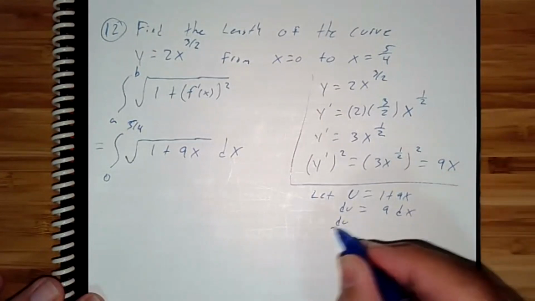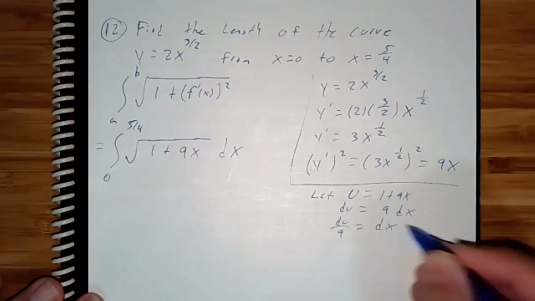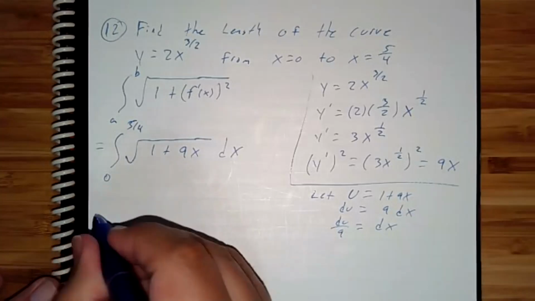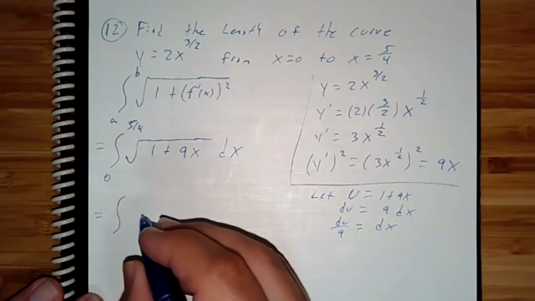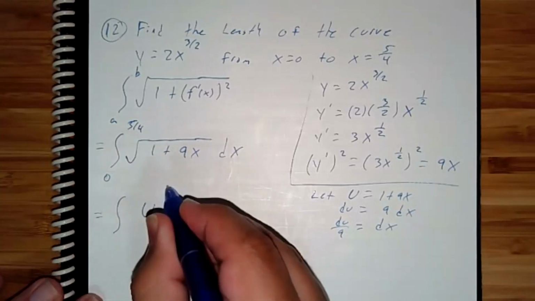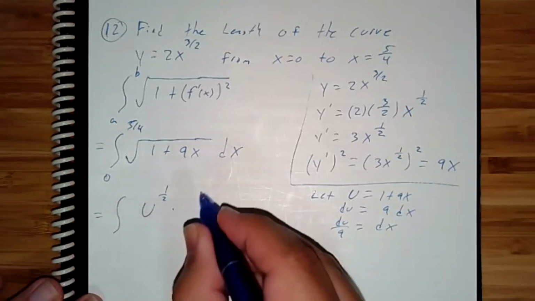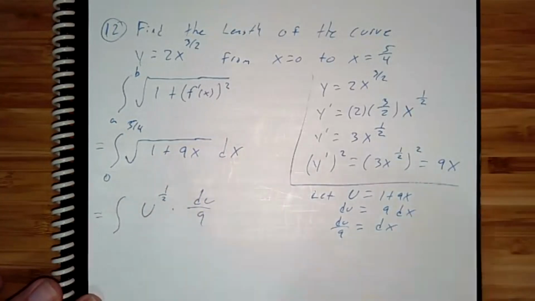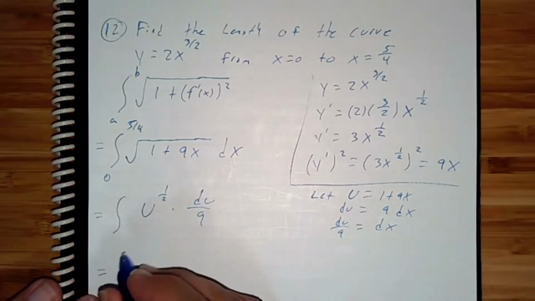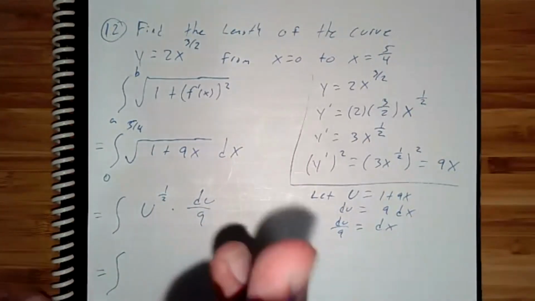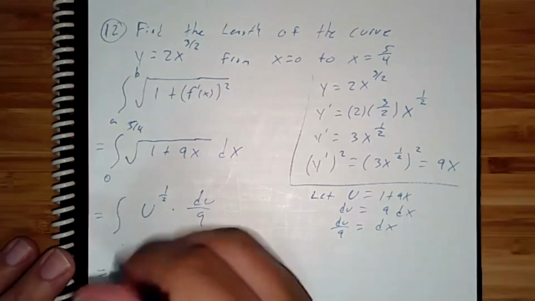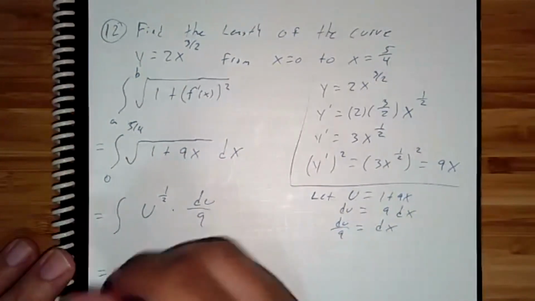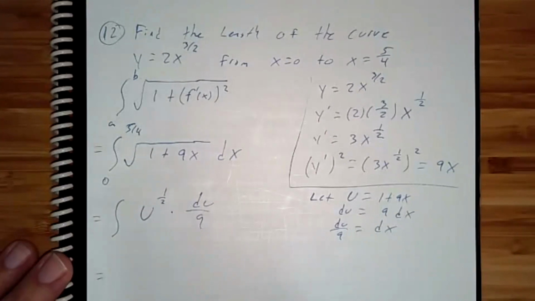So du over 9 will be dx. So this would be the integral of u to the 1/2 times du over 9, right? Let's show an extra step, I guess.